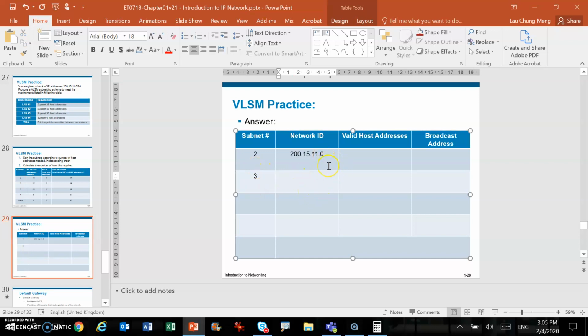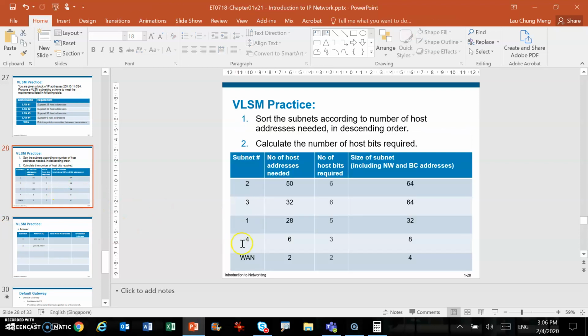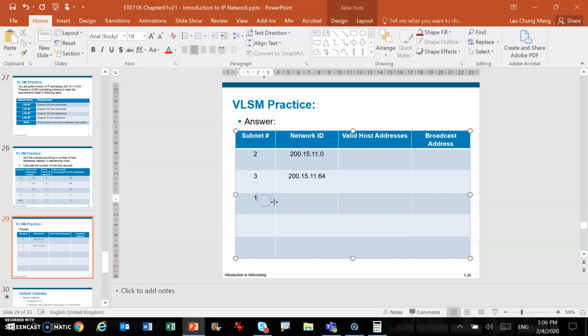We just add 64, so it's 200.15.11.64. The next subnet will be subnet 1. What is the size of subnet 3? The same thing, 64. So this gives the network ID of subnet 1 as 128, if you add 64 with 64.